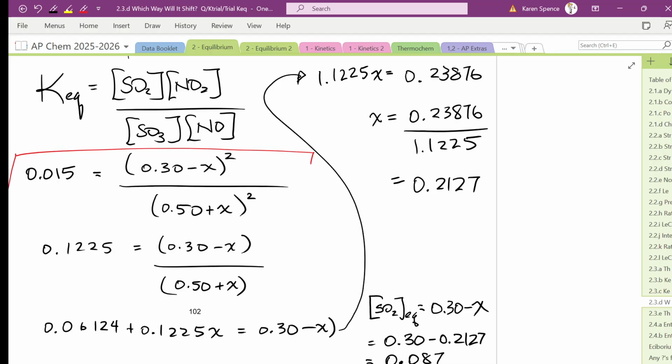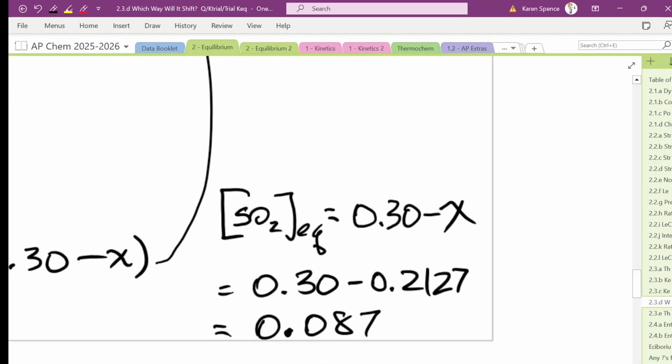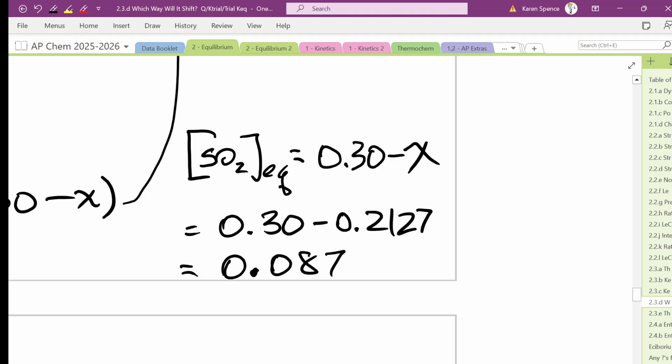My lovely 9 students that are left. What's the rule for subtraction? We go to our first uncertain digit.